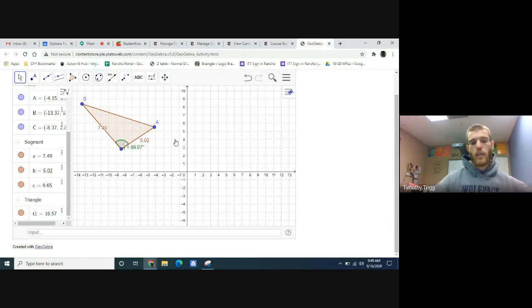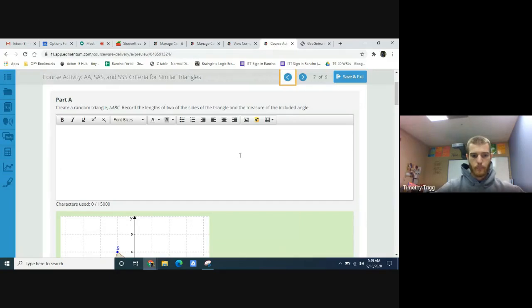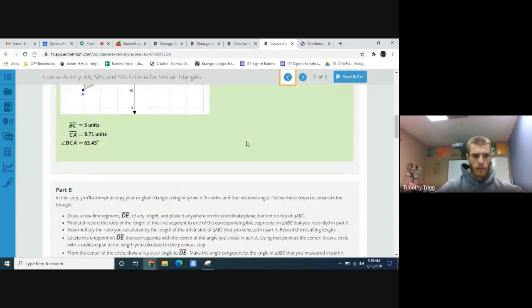Okay, they're still there, but for this one, we just want two side lengths and the included angle. So notice it's two side lengths and the angle in the middle between them. That makes it side angle side, which is what we want. Take a screenshot, put it here. Great.